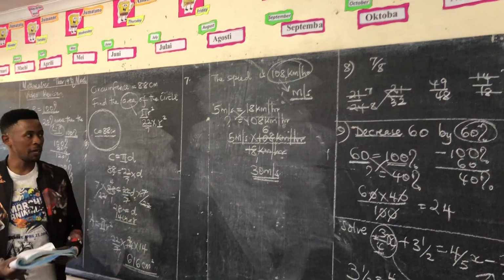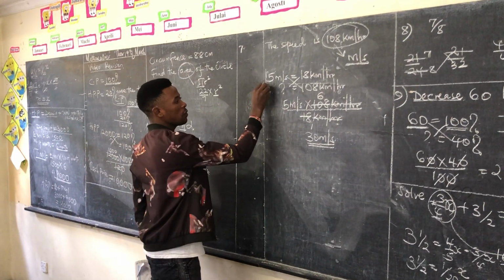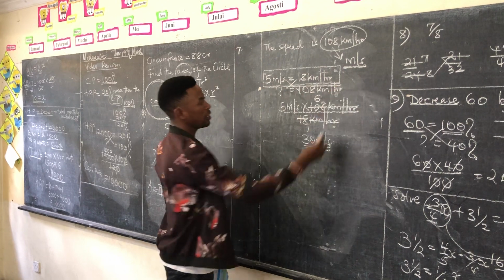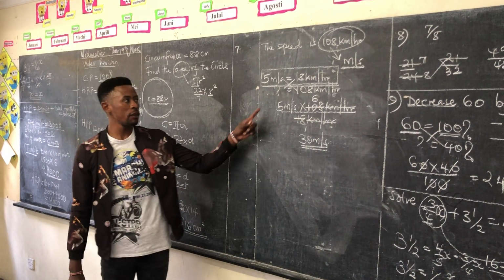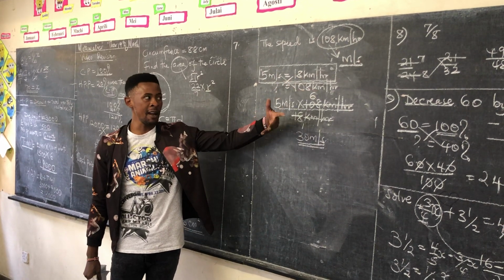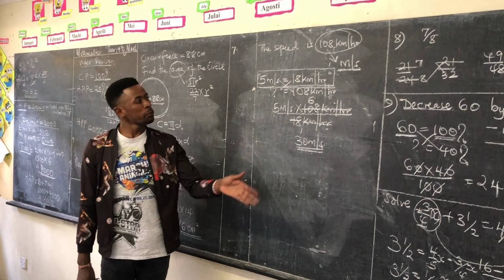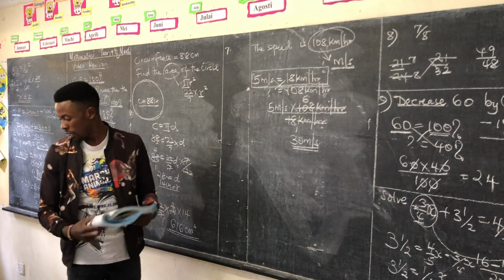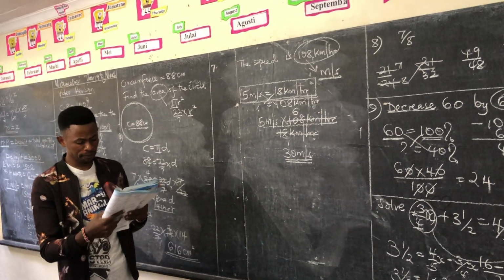If you can remember, I even circled this one when I was teaching you: 5 meters per second is equal to 18 kilometers per hour. So you can convert meters per second to kilometers per hour and vice versa, depending on what you've been asked to.